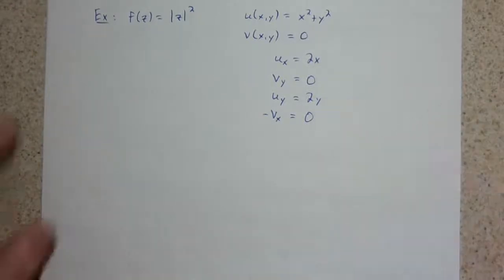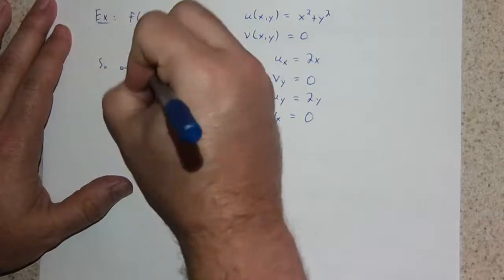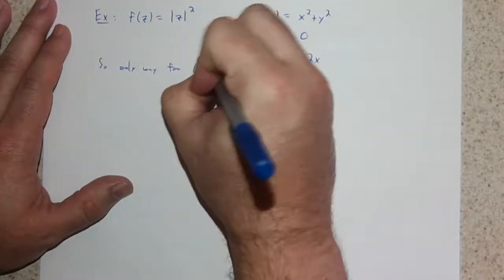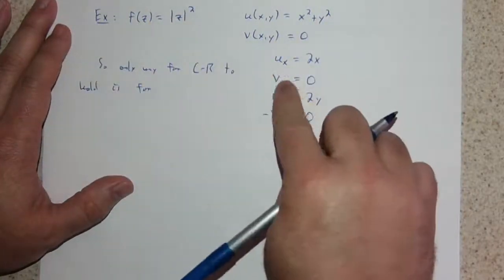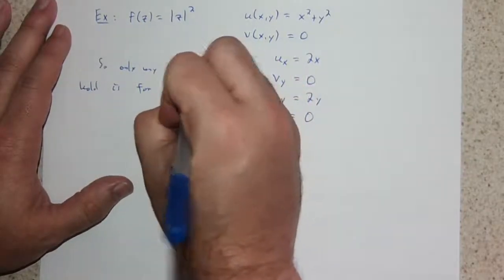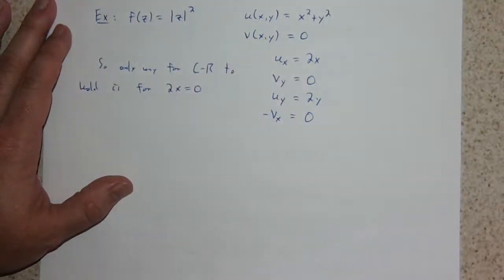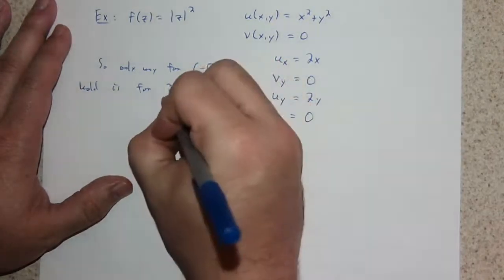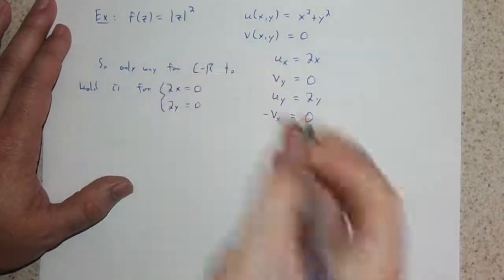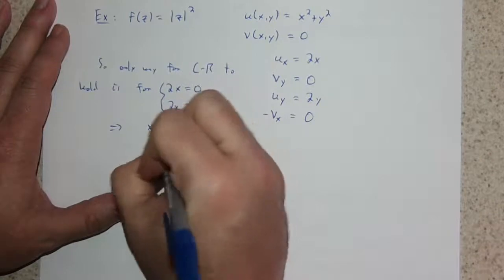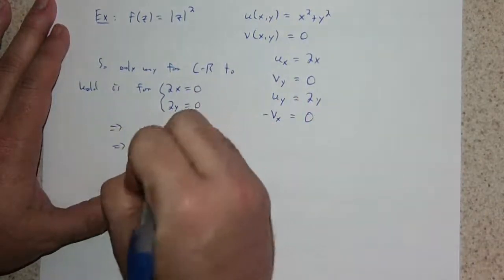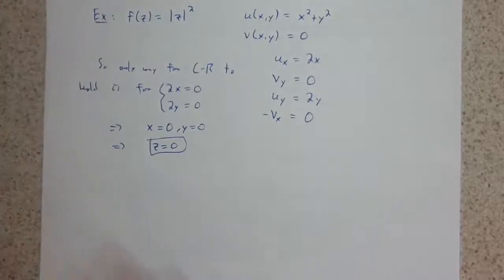So the only way for Cauchy-Riemann to hold is for u sub x and v sub y to be equal, that is, 2x is equal to 0, and u sub y to be equal to minus v sub x, so 2y is equal to 0. If these two things are simultaneously true, this is only true for x equals 0, y equals 0, i.e. z is equal to 0. So the only place where the Cauchy-Riemann equations hold is when z is equal to 0.